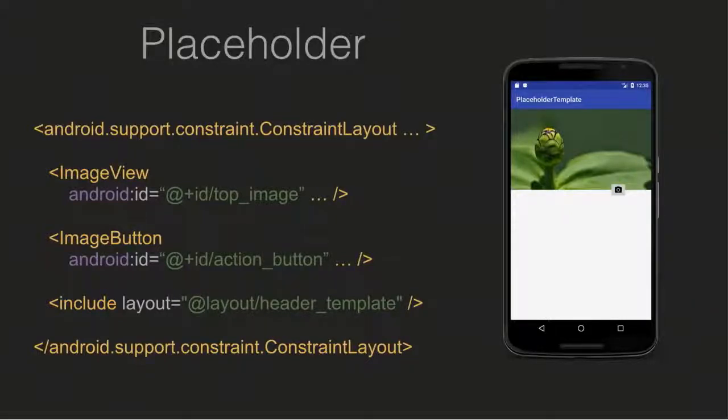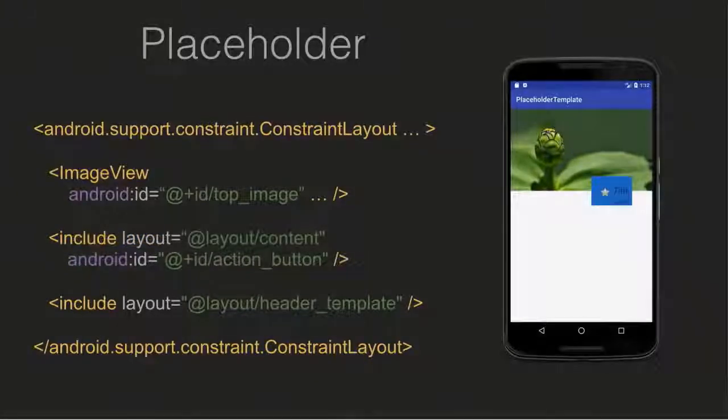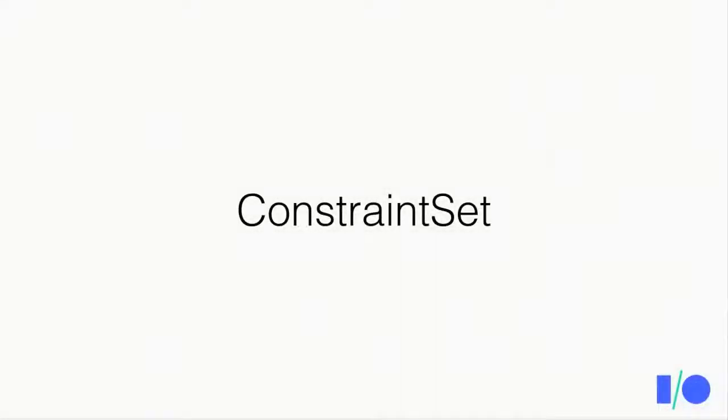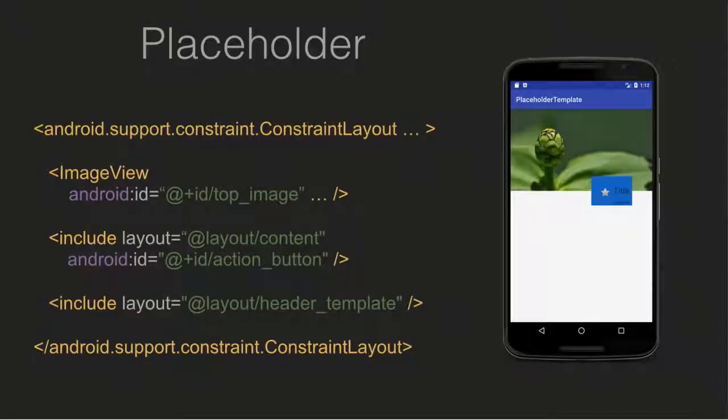One of the things you can do with this structure is, what if instead of the second image button, I could decide to put an entire include file with something else in it. So in this particular case, I have an entire include with a bunch of different layout elements, and it's actually being warped into that space.